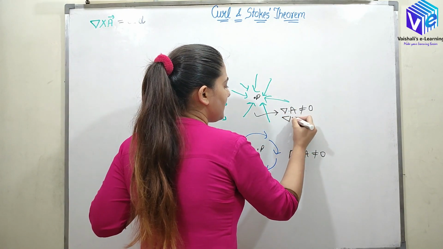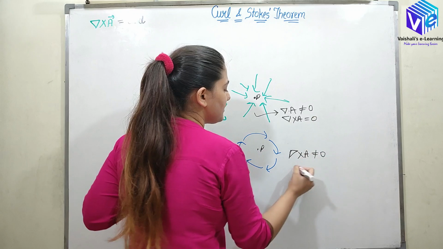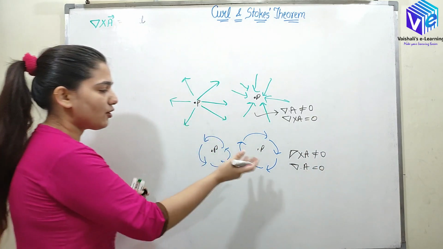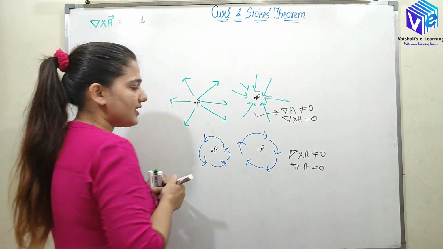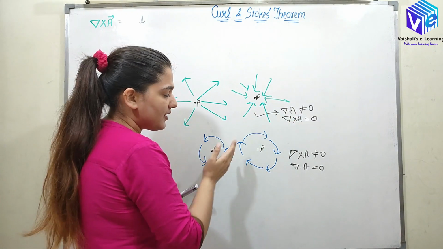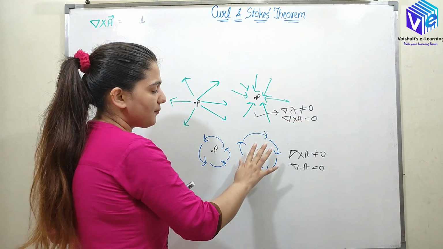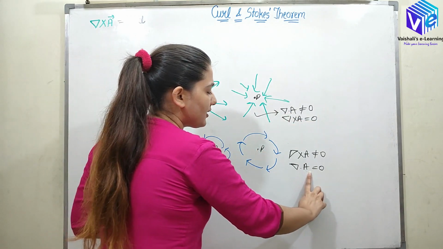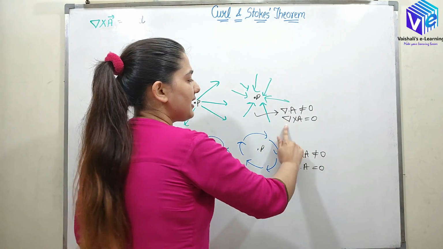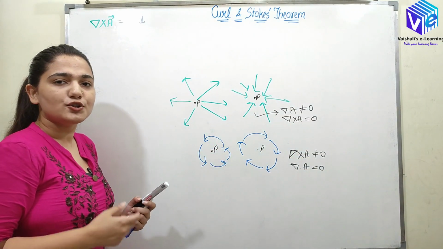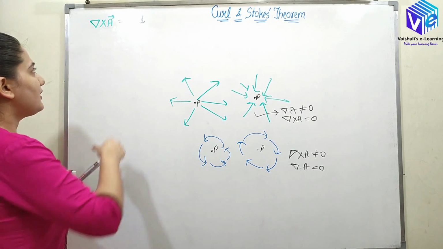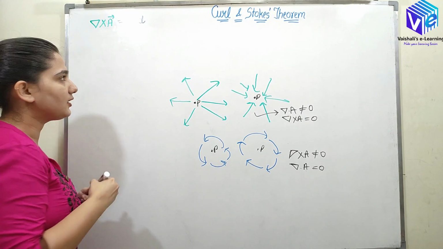But here del cross A will be 0 and del dot A will be 0, because here we don't have a source and sink. Fields are not coming into the point P, neither are they going away from the point P. So here del dot A will be 0, and rotation is not present, which is the reason del cross A is 0. I hope this is clear now. Now we'll move toward the definition of the curl.